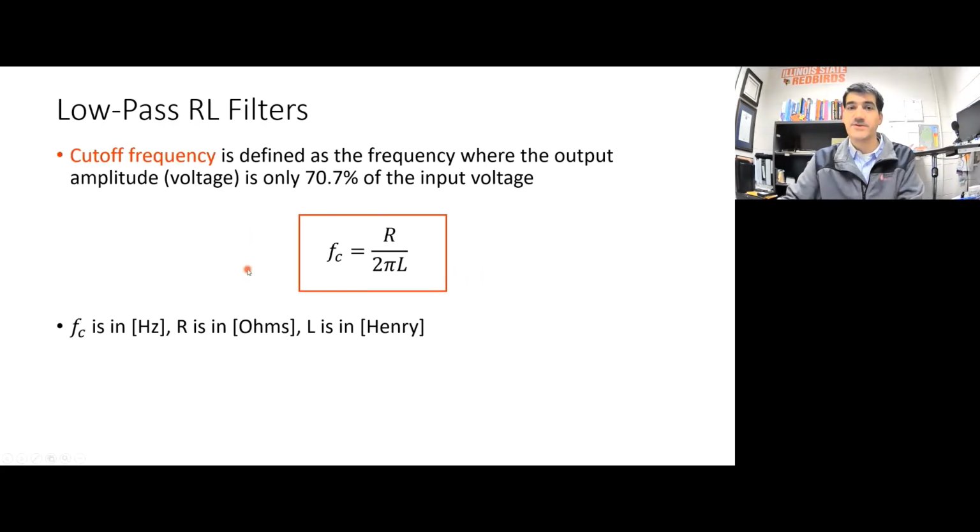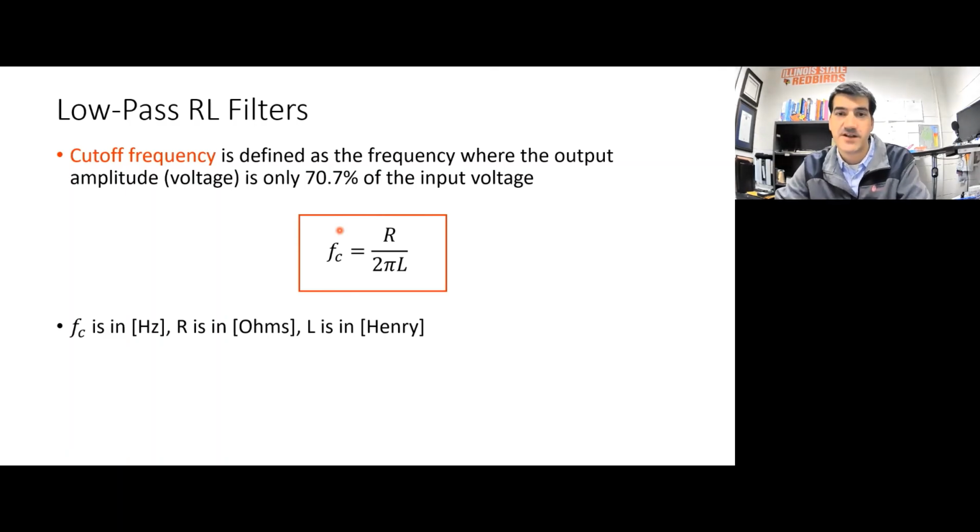All right, the cutoff frequency, same definition. It's still the frequency at which the output voltage is only 70.7% of the input voltage. The equation is a little bit different. Remember, the cutoff frequency for an RC filter is 1 over 2 pi RC.